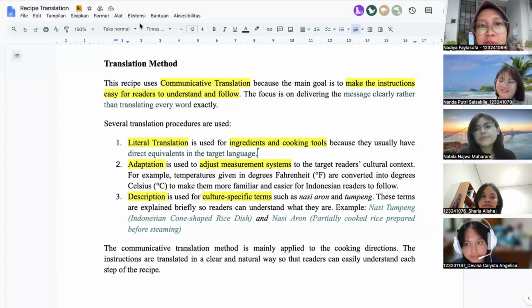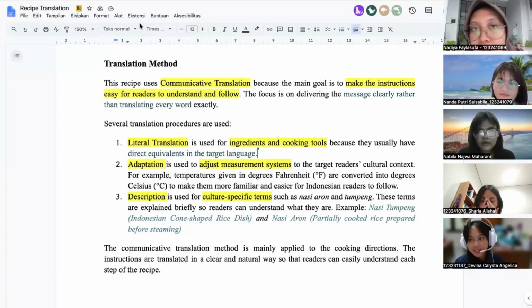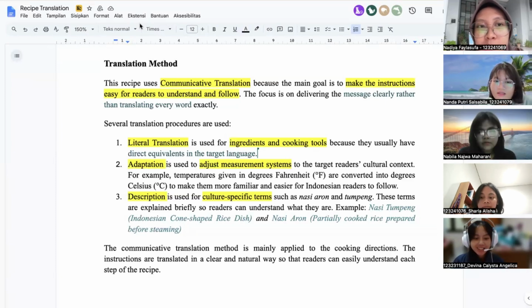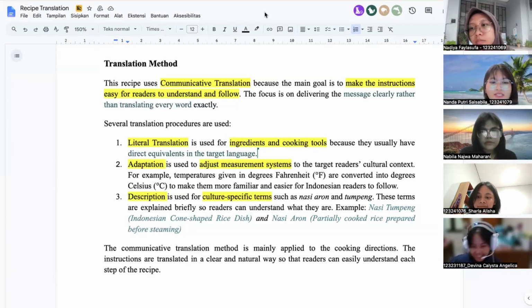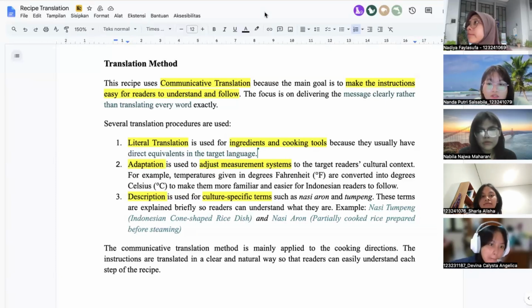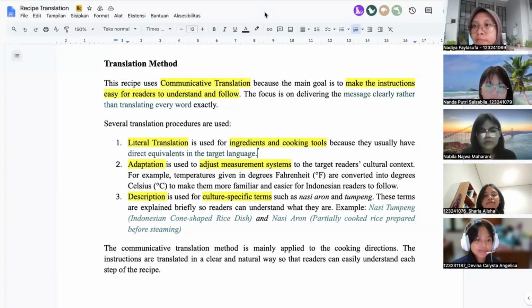Okay, first we're going to show you the translation method that we use. It will be presented by Elsa. Yeah, so our recipe mainly uses communicative translation because our goal is to make the instructions easy for readers to understand and follow. So we focus on delivering the message clearly rather than translating every word exactly.